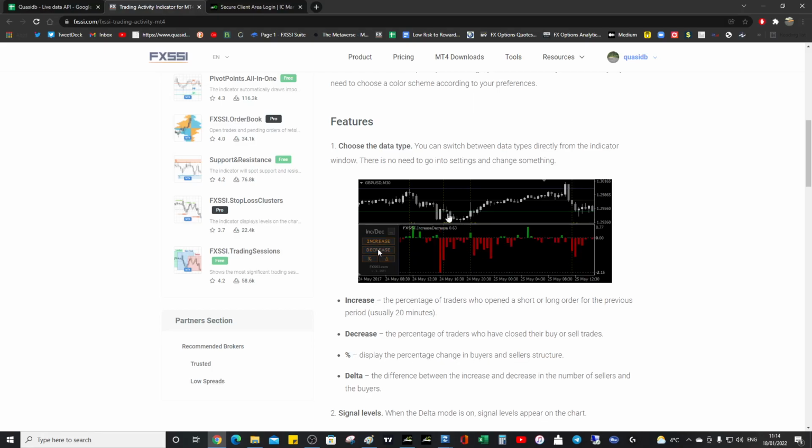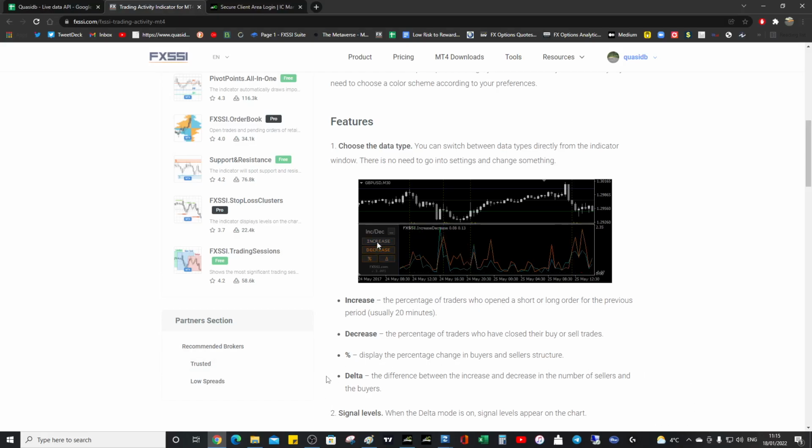So obviously if we come up to a key level, like a monthly pivot, or some huge supply or some huge demand that you have visibility of, you can see whether the buyers are increasing or the sellers are increasing. So really we should be at support, at a demand level.